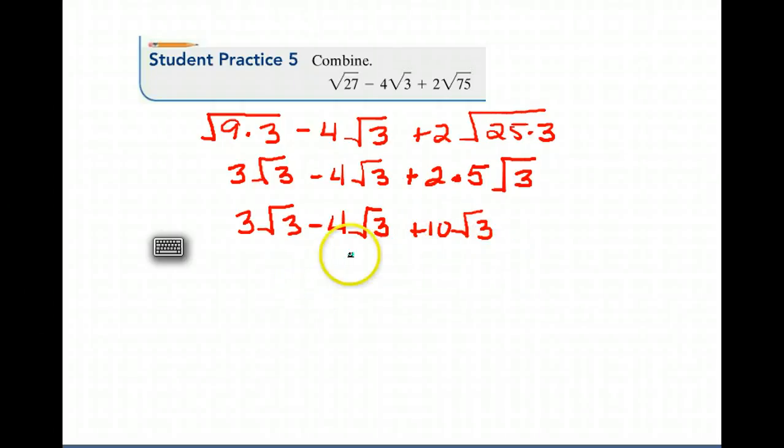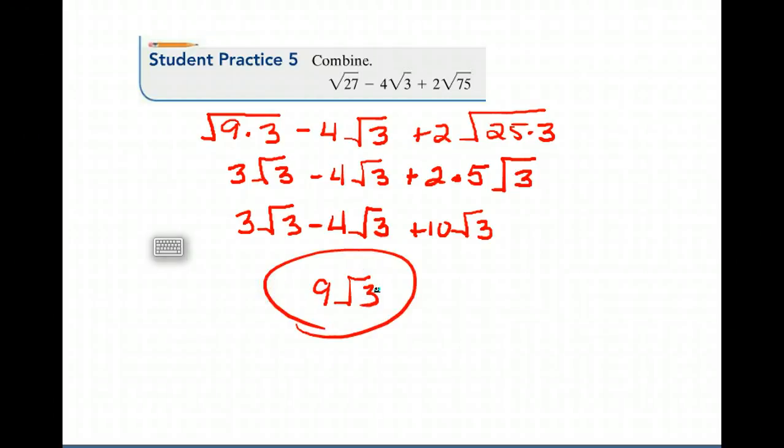And I can now evaluate all of this by combining my like radicals. So I am going to first add, so I have 3 plus 10 makes 13. 13 minus 4 makes 9 square root 3. And there's my final answer there.